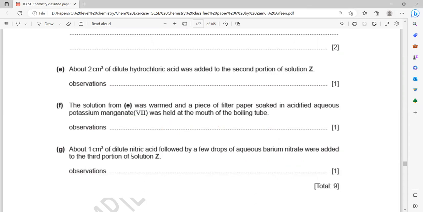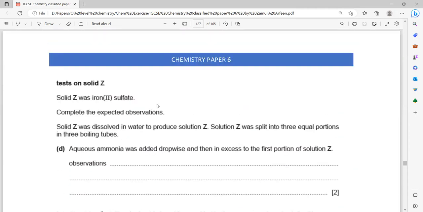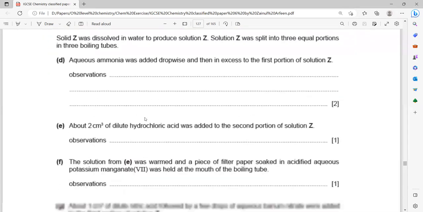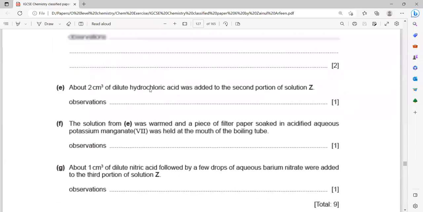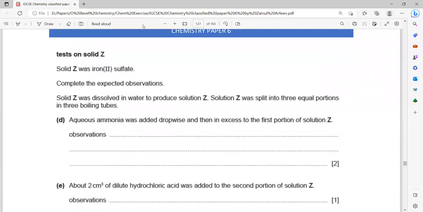So here, dilute nitric acid followed by a few drops of barium nitrate. Barium nitrate combined with this sulfate ion. This was sulfate, I thought it was sulfide.